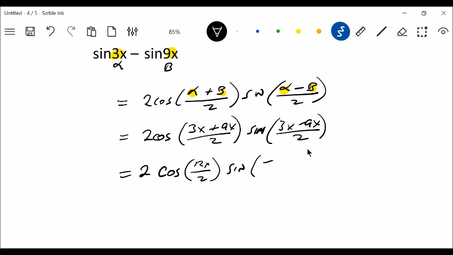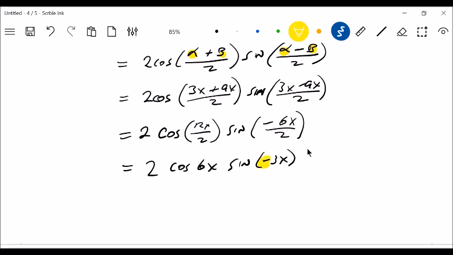And this one looks like it's negative 6x. Let's see. Maybe 3, 6. Yeah, 6x, isn't it? Negative 6x over 2. So that makes it 2 cosine 6x and then sine negative 3x.